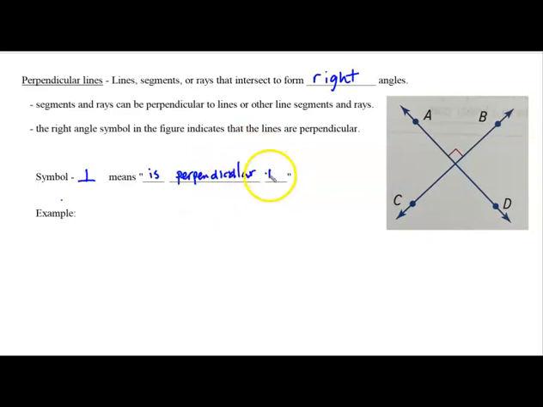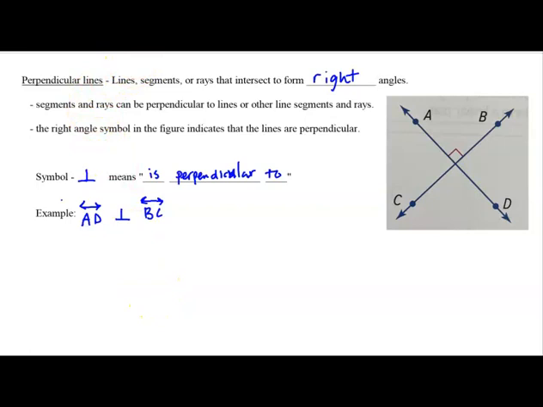And so using my example here, I could say line AD is perpendicular to line BC, for example, because they intersect at a 90 degree, or they create a 90 degree angle when they intersect.